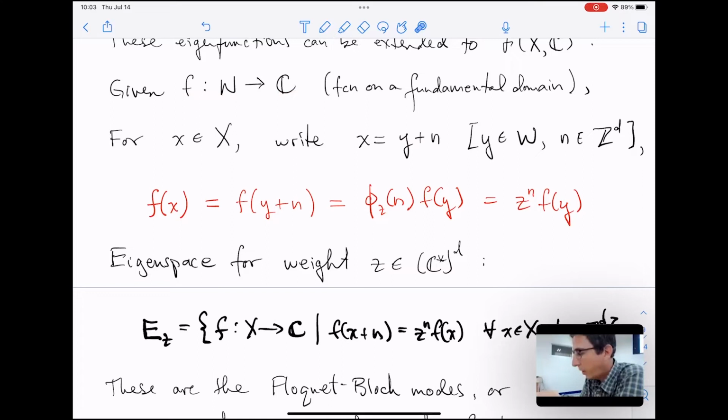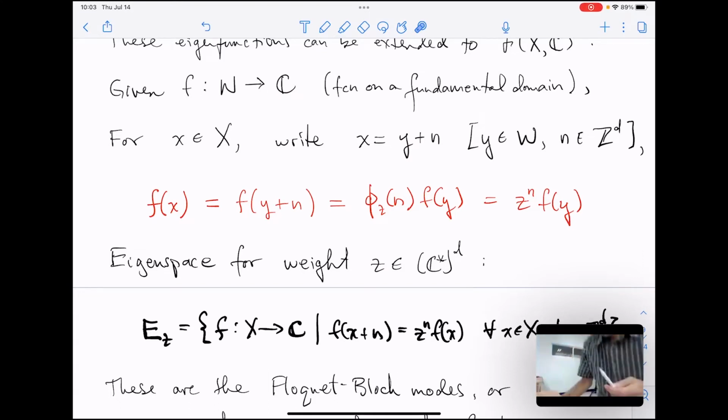And so what you get is a function so that when I shift by n, I multiply by z to the n. This is how you create from characters all pseudoperiodic functions on the underlying space. You just determine a value for every point in the fundamental domain, and then you continue it by multiplying by the Bloch multiplier. Does that make sense?